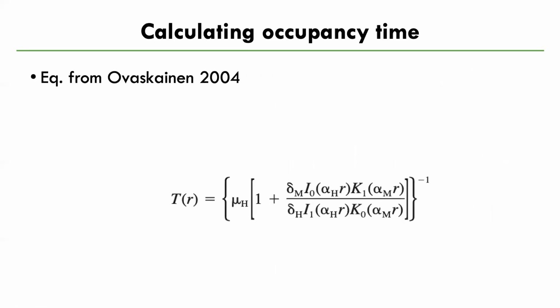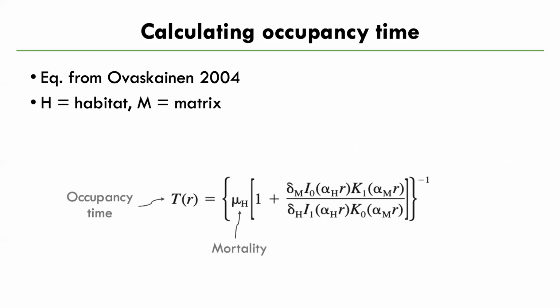The equation itself looks like this. Here, H is habitat, M is matrix. We're solving for occupancy time, T. Mortality is indicated by mu. Alpha is the square root of the ratio of mortality to motility. R is the patch radius, so occupancy time is a function of patch radius.